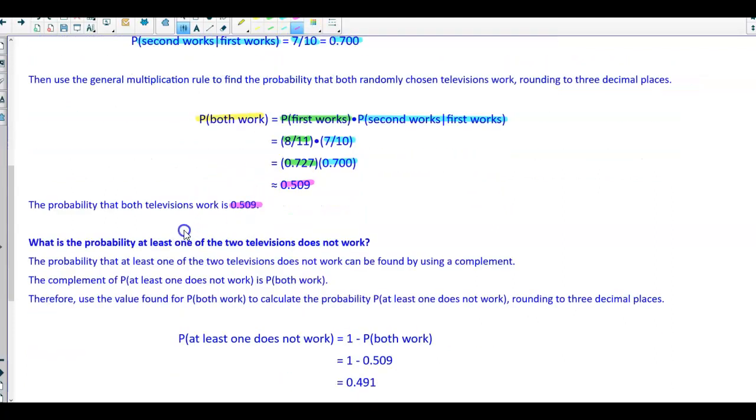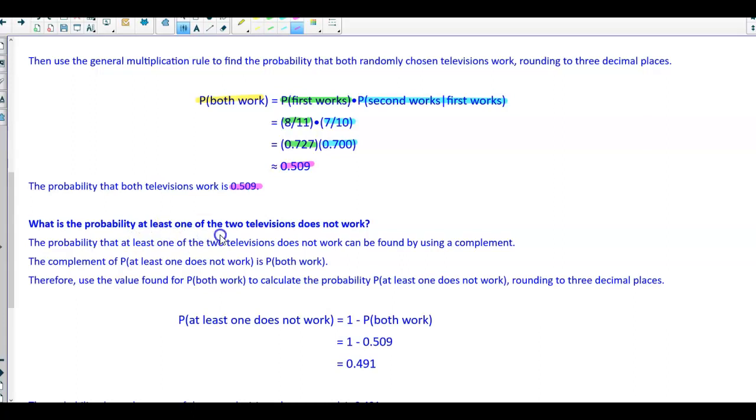Now it says, what is the probability that at least one of the 2 televisions does not work? The probability that at least one of the televisions does not work can be found by using a complement. The complement of the probability that at least one does not work is the probability that both work.